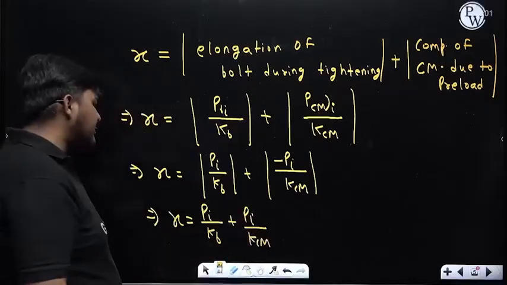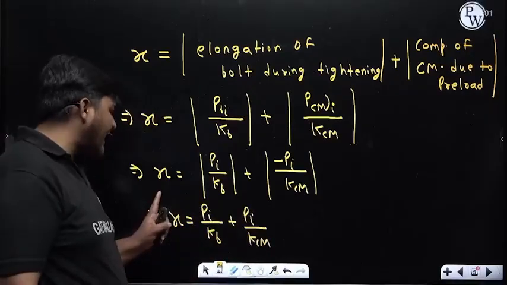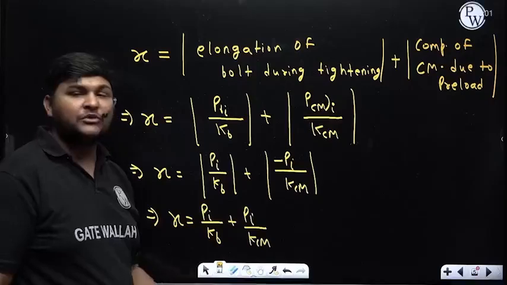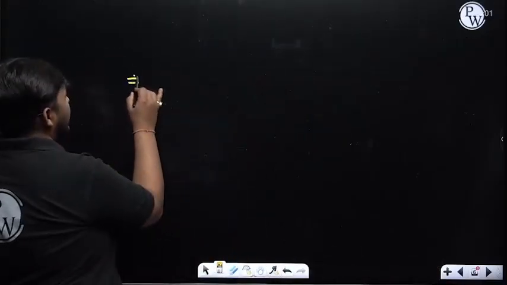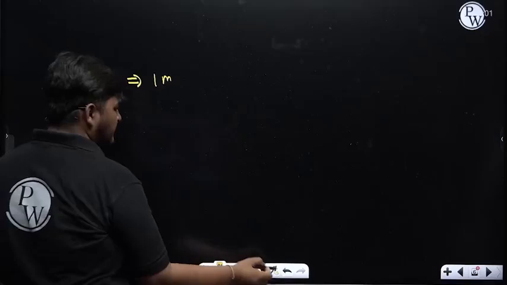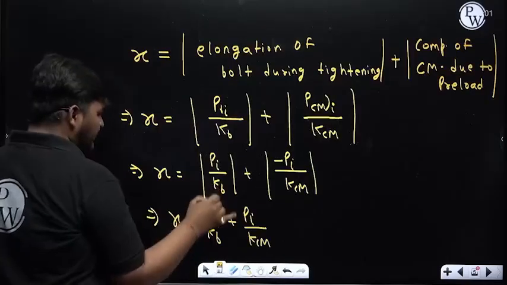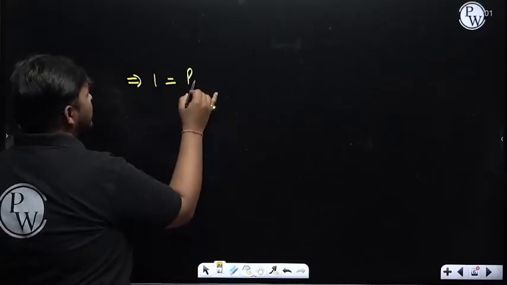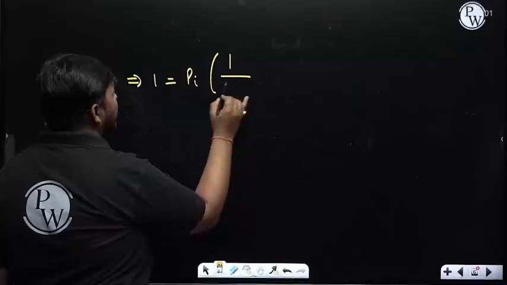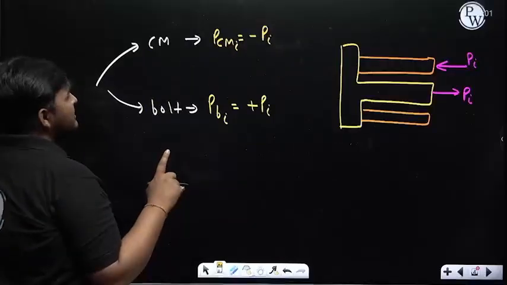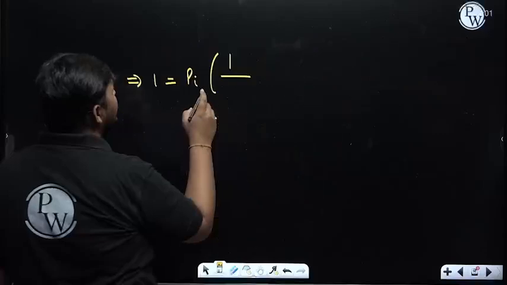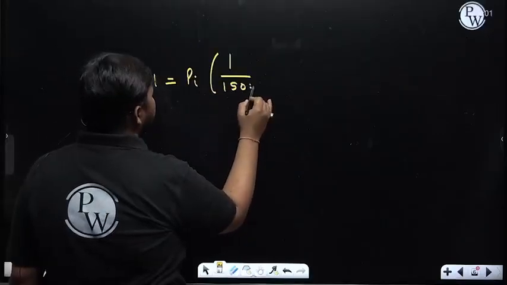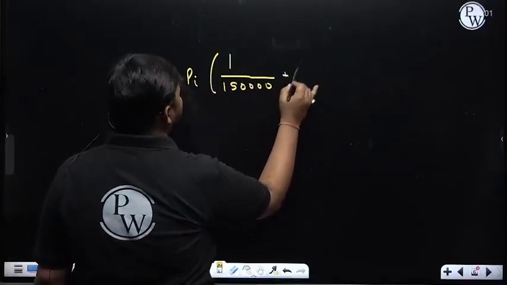Now KB is given in the question, KCM is given, and x we already know. So from this equation we can calculate the preload PI. Here x is 1 mm, and taking PI common, it is 1 upon KB, where KB is the stiffness of the bolt, which is 150,000 Newton per mm, plus 1 upon KCM.